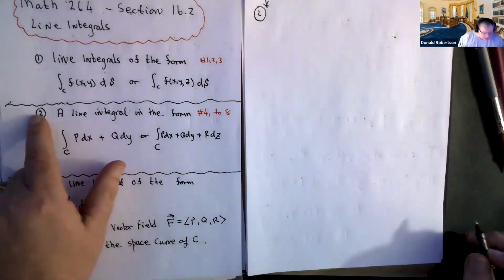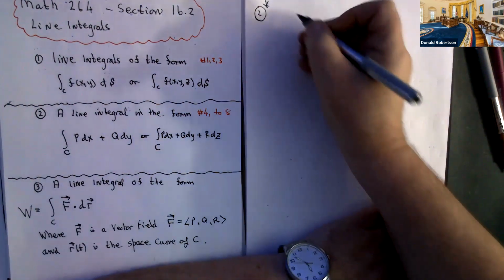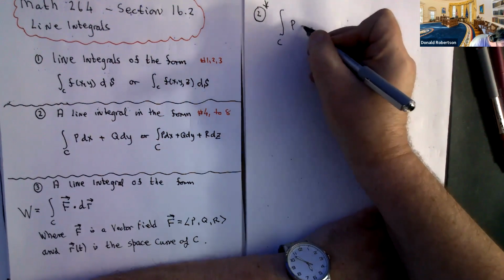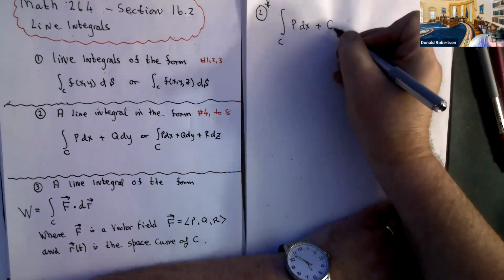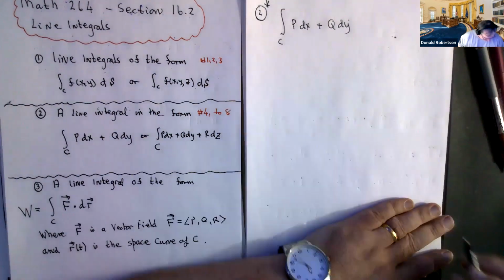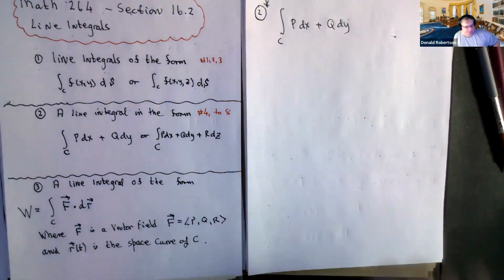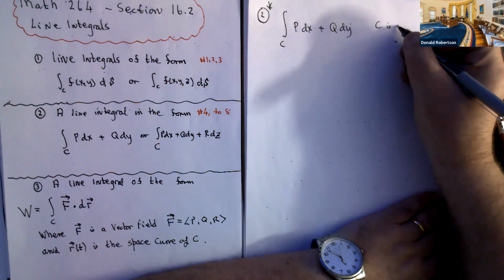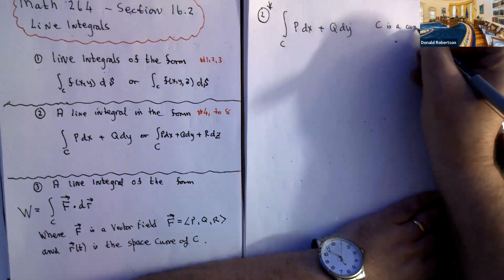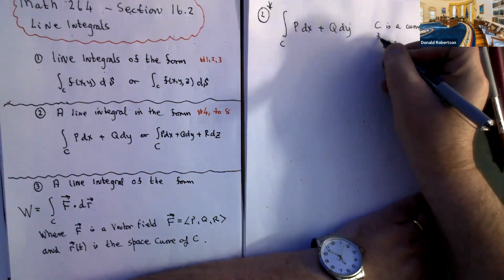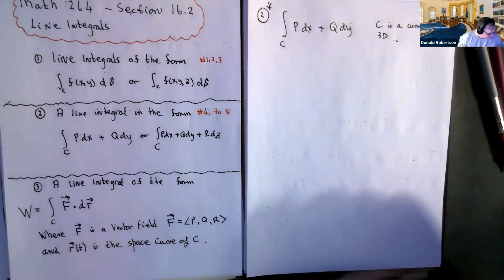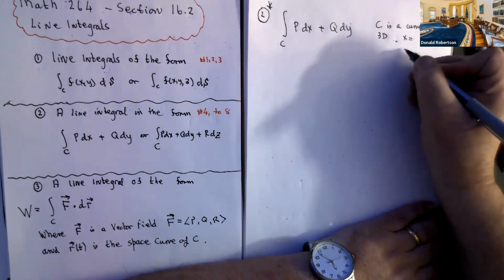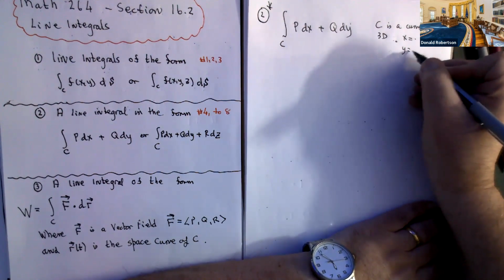We're now looking at line integrals of this format. So P dx plus Q dy. And that's just a 3D version of this. Now, C is a curve in 3D. And you would normally expect it to be written down like x equals some function of t, y equals some function of t.